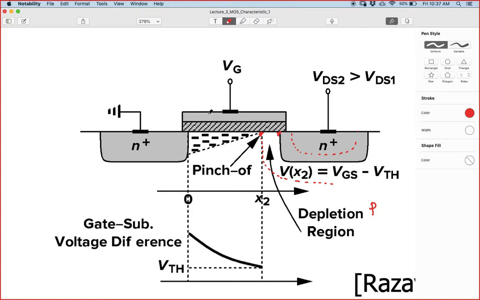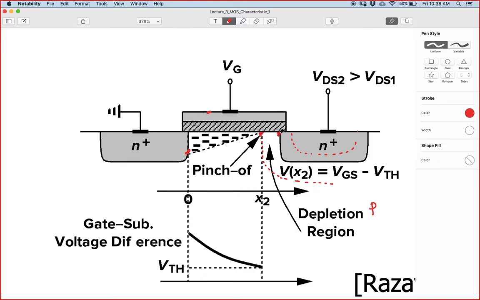Because if you see at this node and at this node, the potential difference is very high, as this is at ground and this is Vg. So a lot of charges, a lot of free electrons, will be formed here. But at this node, the potential is even higher, so the potential difference here is very small, and because of which these charges are not formed.